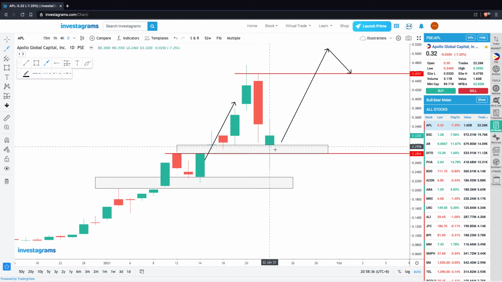If this does not hold up as support, because we have it tested once and now twice, maybe three times right here, I could say that this is a level that was tested multiple times, and this one was tested just once. If this doesn't hold up, it could potentially go back to this level, which was the previous support and was also acting as a resistance.